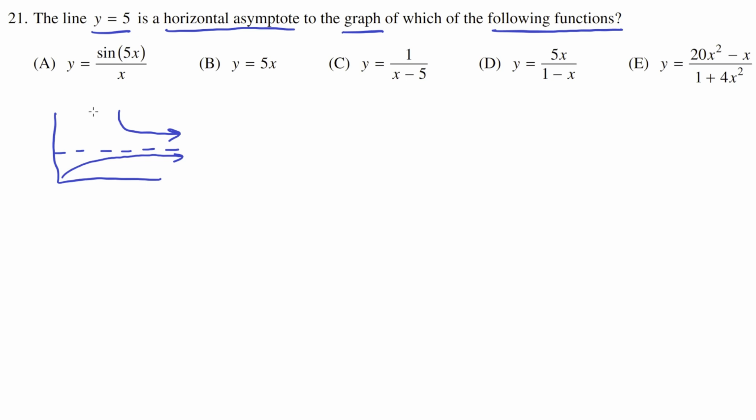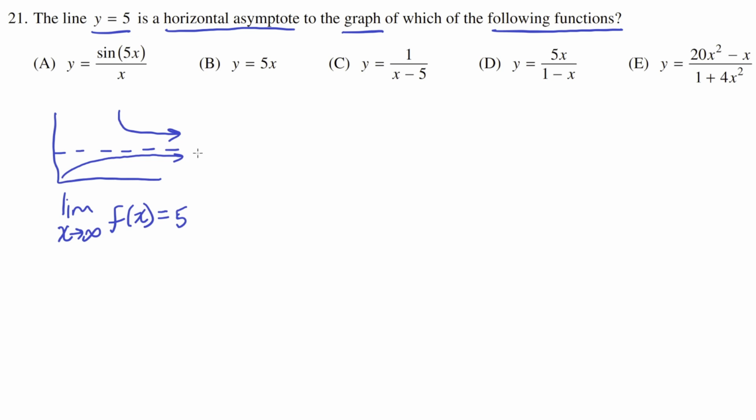So that means if we take the limit as x approaches infinity of one of these functions f of x, then the graph should approach the value 5, because the y value of this asymptote is 5.